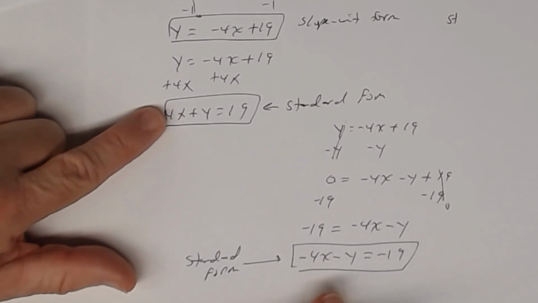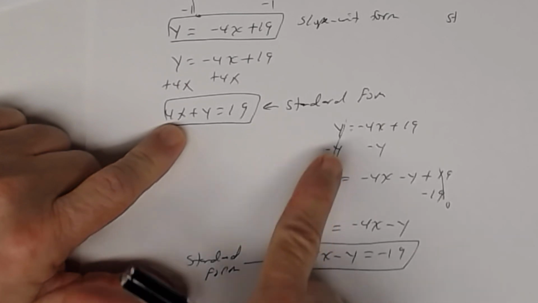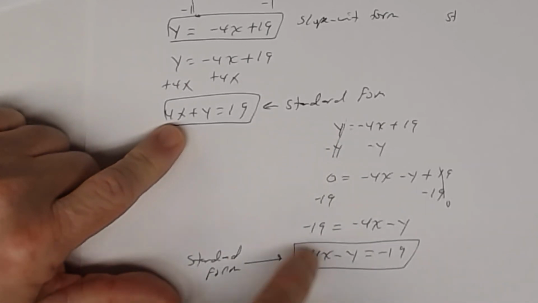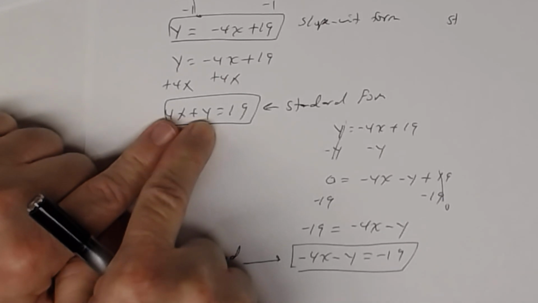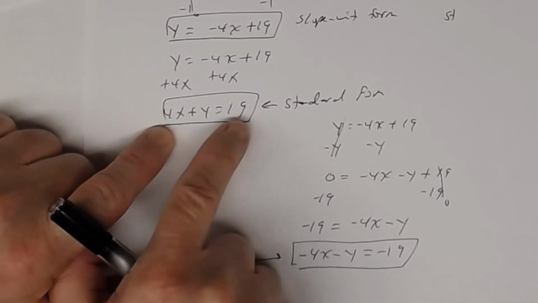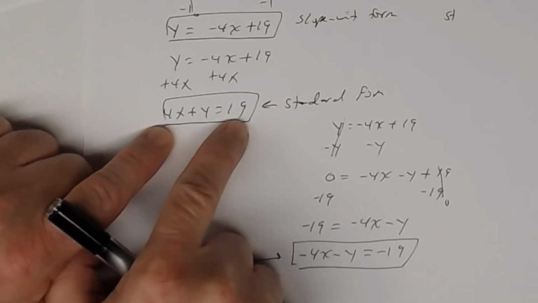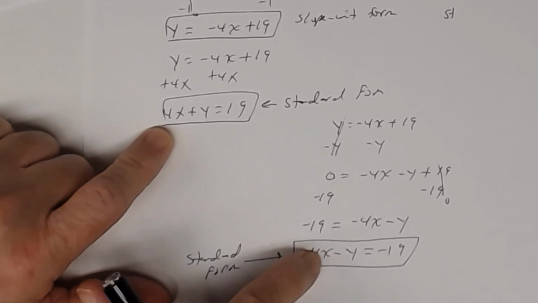And to let you know, we know that these two are equivalent, so we didn't have to do all this to see that this is equivalent to this, because remember, what you do to one side, you do to the other. So if I multiply the left side by -1, I have to multiply the right side by -1. That's mathematically acceptable. So 4x times -1 is -4x.